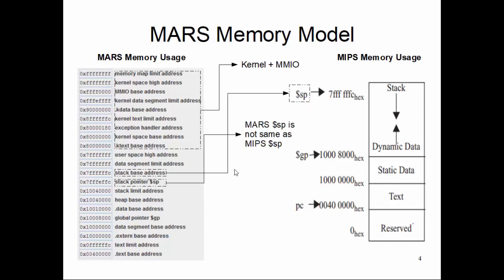Now in Mars, if you assemble and look at the stack pointer content before you start your program, it actually contains something like 7FFFEFFC instead of 7FFFFFFC. So your stack pointer is somewhere below your stack base address.